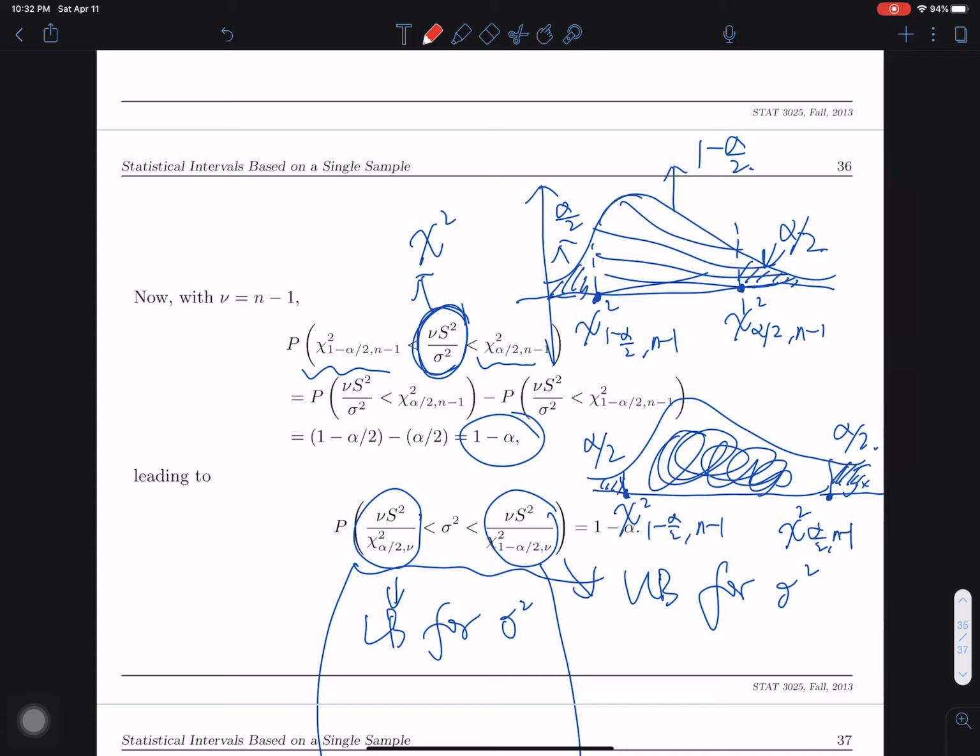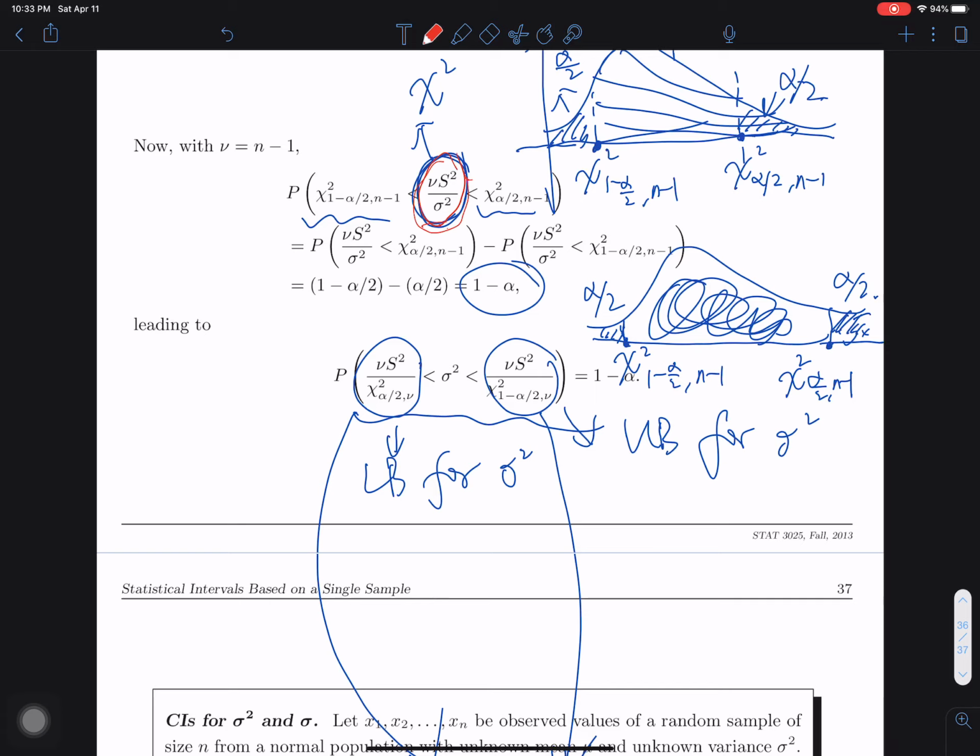Because of this property, we know that the probability that this chi-square random variable stands between these two numbers is 1 minus alpha. By rearranging the inequality, we get a lower bound and upper bound for sigma squared. So these two quantities are very important, and we should calculate them if we want to know the confidence interval for sigma squared.